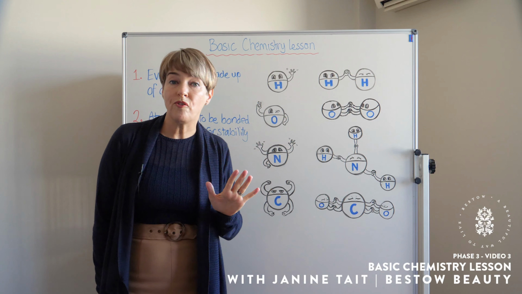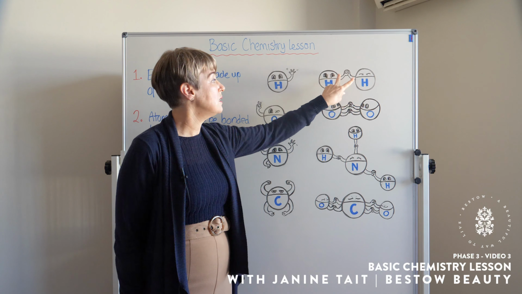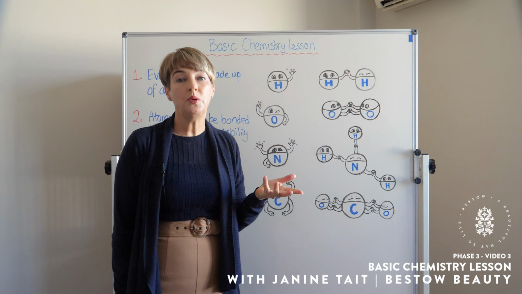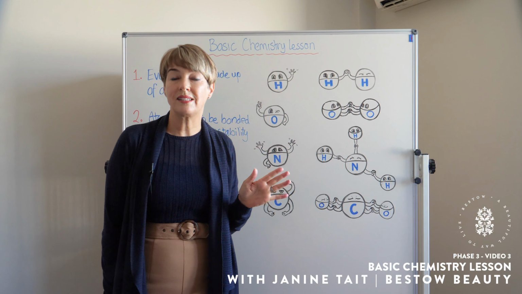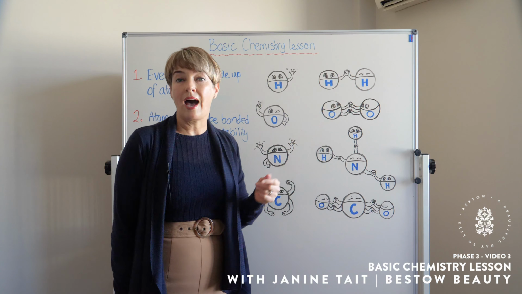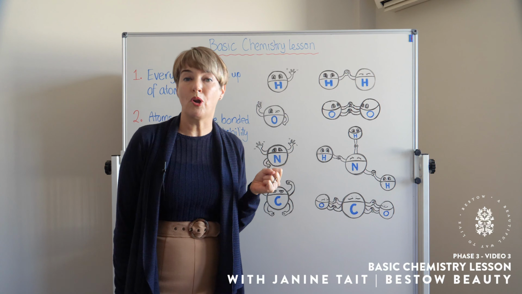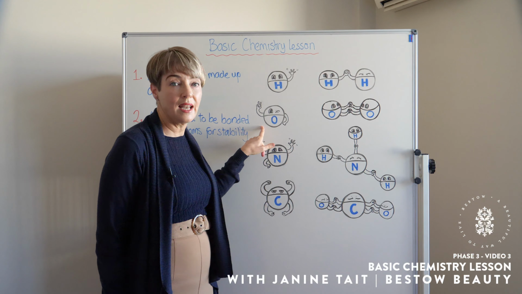So what you often find happening is hydrogen will bond with another hydrogen and you get two hydrogens, H2, and that's how hydrogen exists in our atmosphere. Both of these little atoms are happy and stable, they've got their hands held, and it now forms a molecule.